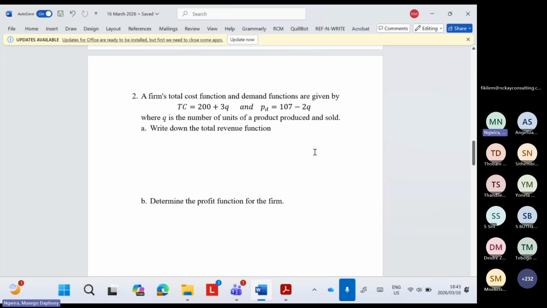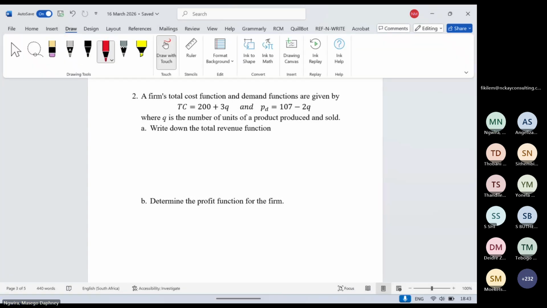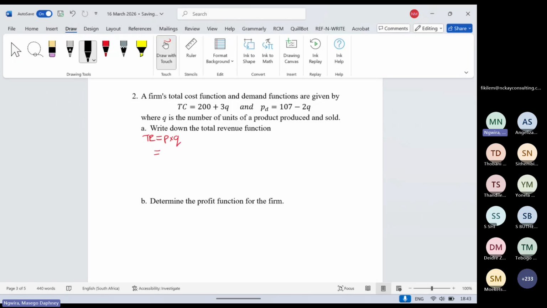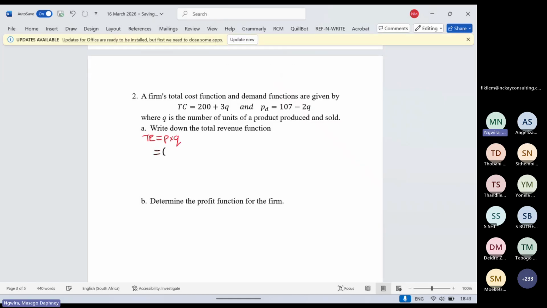So we know that the total revenue function is TR, and TR is equal to PQ, P times Q. Our P is given there in the demand function, 107 minus 2Q, so I'm going to use a bracket, times this Q. So we just substitute, and now we are going to distribute, meaning we multiply everything with Q. Q times 107 is 107Q, and then negative 2Q times Q is negative 2Q squared.